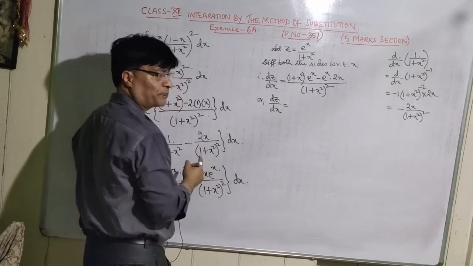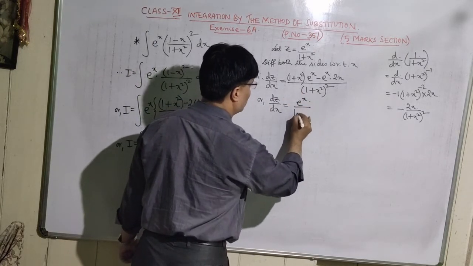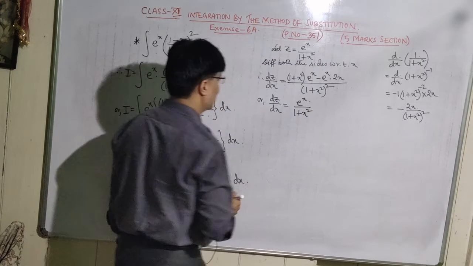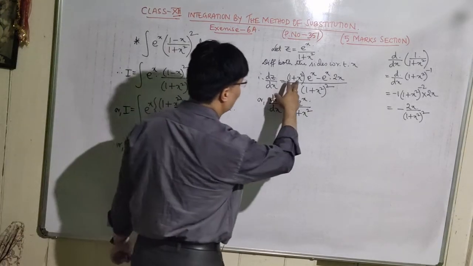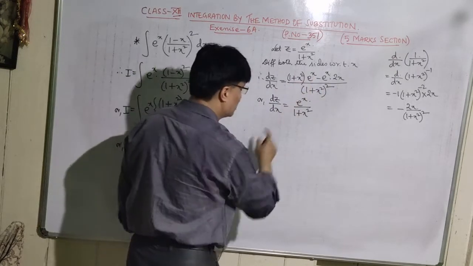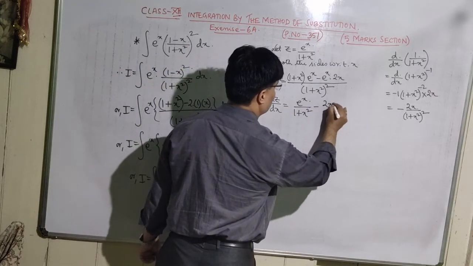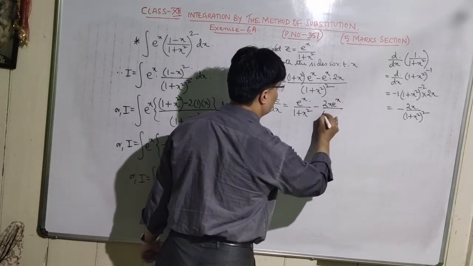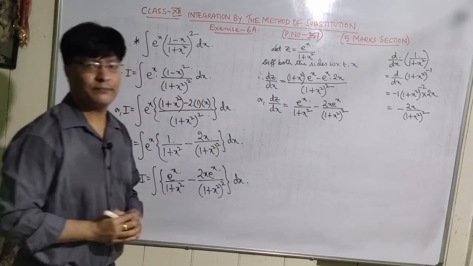is equal to, now you can separate it. This is e to the power x upon 1 plus x square. Now it is separated, that is first term will be 1 plus x square into e to the power x divided by 1 plus x square whole square, that is e to the power x upon 1 plus x square, minus 2x e to the power x divided by 1 plus x square whole square.